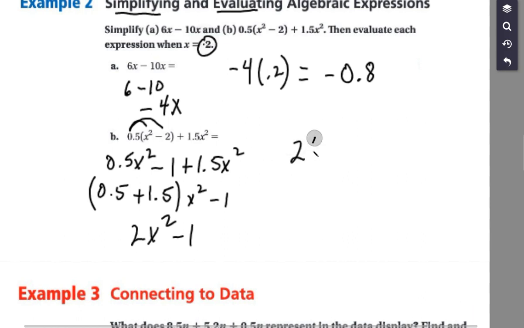So that's going to be 2 times x squared minus 1. Hold on. Let me redo that. So inside the x, we're going to put 0.2 in there, then minus 1. So it's 2 times 0.2 squared minus 1.